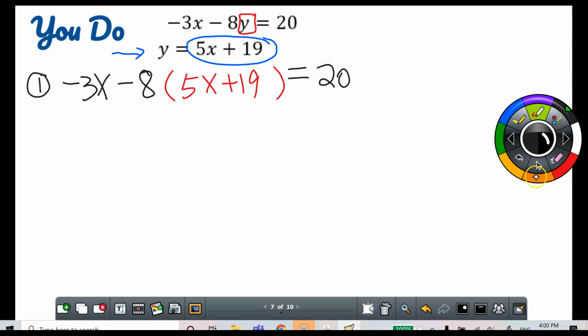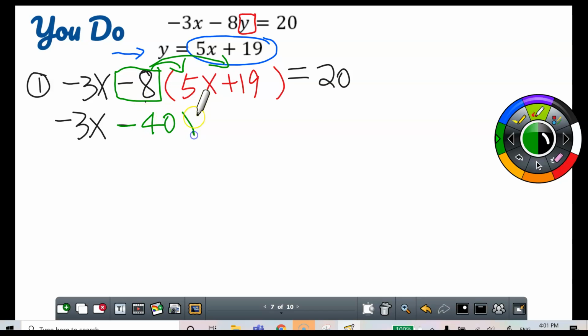And solve this new equation by first getting rid of the parentheses by distribution. You're going to multiply negative 8 to everybody inside. So copy down negative 3x. Negative 8 times 5 is negative 40x.